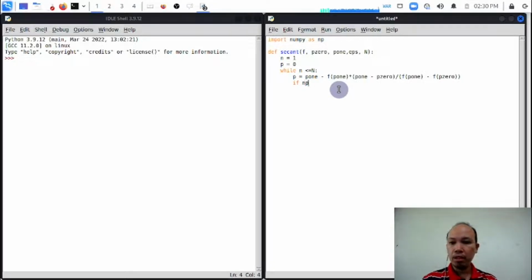If np.isclose f of p comma 0, they are equal, or if the absolute value of p minus p1 is less than the tolerance, then you have to print that statement.